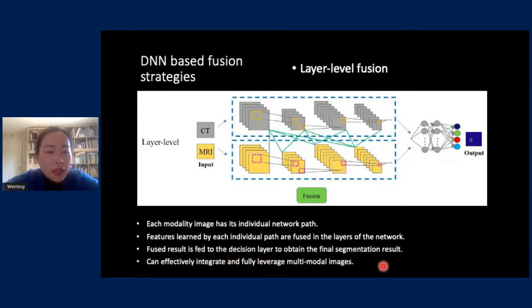This can effectively integrate and fully leverage the multimodal imaging. In comparison to the strategies mentioned previously, where fusion happens either at the input level or the output level, some recent works have proved that performing fusion within the convolutional feature learning stage can generally give better segmentation results. So our focus is on the layer level fusion.